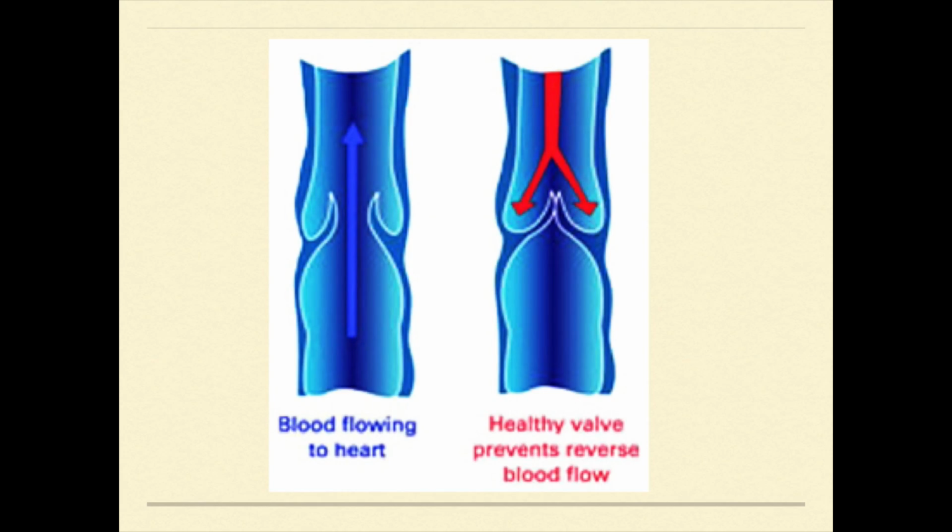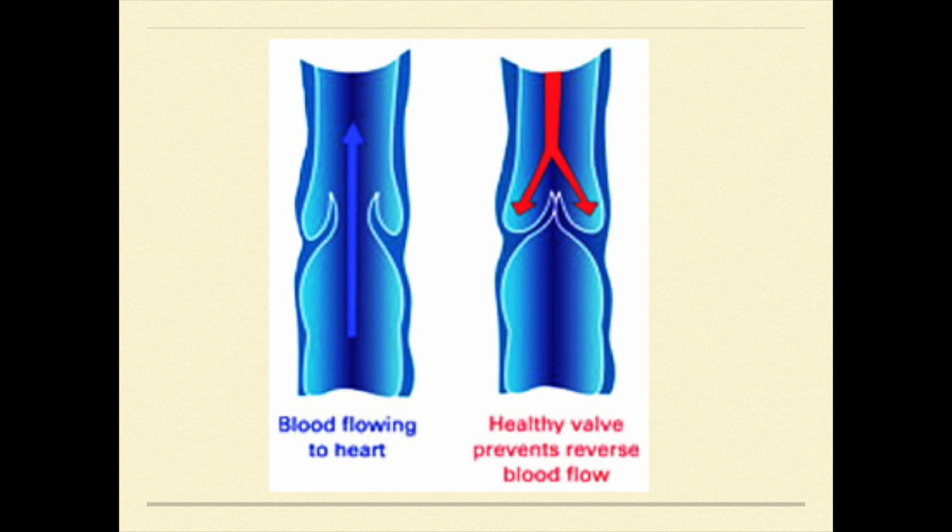Absolutely. Let's look at the first slide. Okay. We have a slide here of a normal vein and a normal valve cusp going from the lower extremity, and you can see the blood flowing up from the distal portion to the proximal portion.